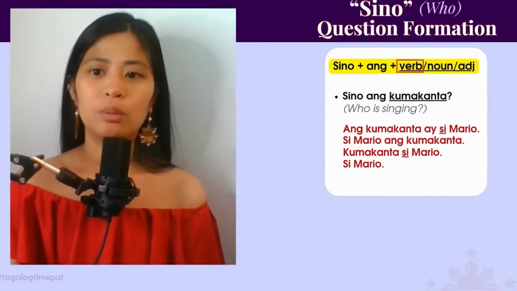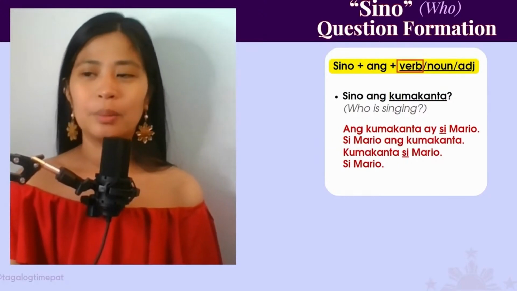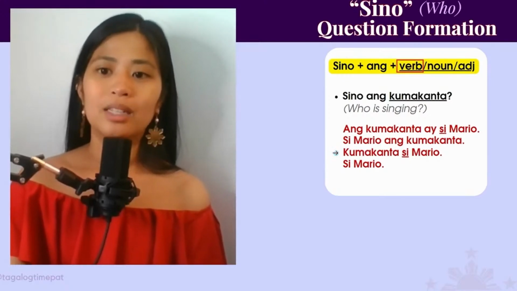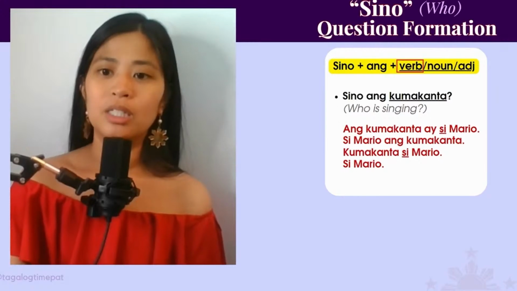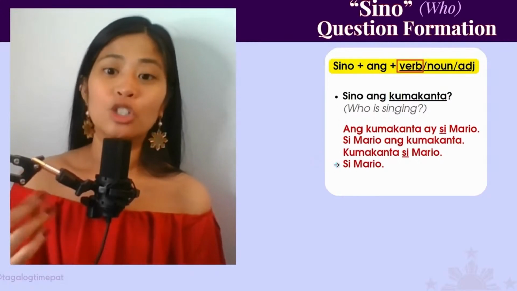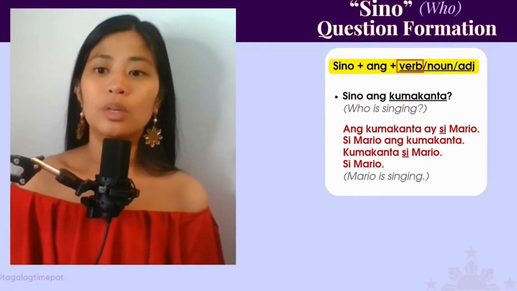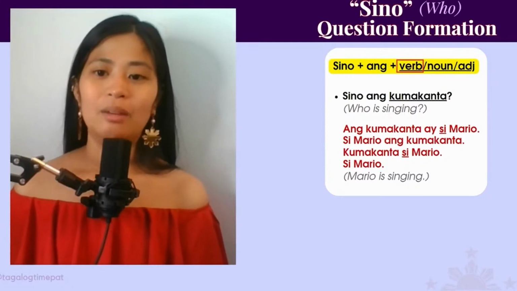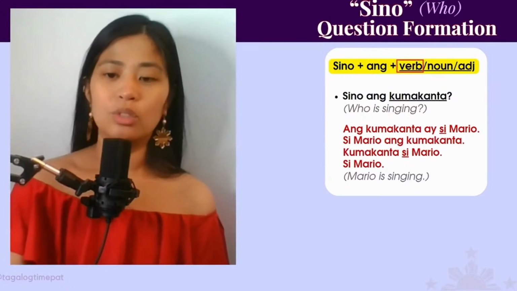Si Mario ang kumakanta. That's kind of formal. This one is casual. Kumakanta si Mario. Mario is singing. And then this last one is just a short answer. So, si Mario. Who is singing? Mario. So those are the different ways you can say Mario is singing.